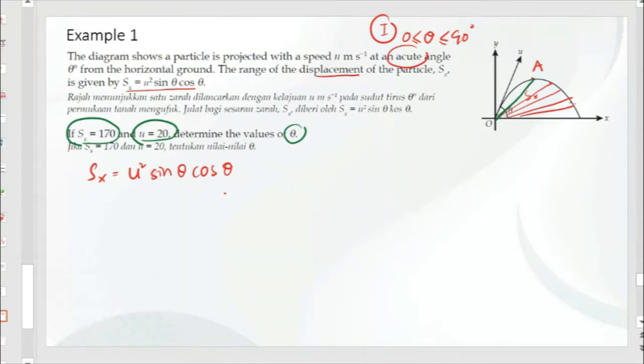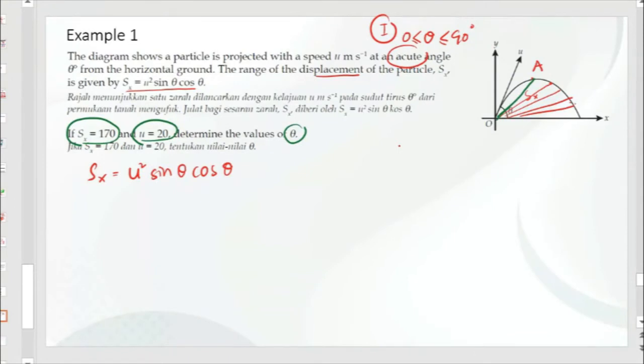What you need to do? We want the value for theta only, right? So still remember the last lesson for the applications to get the value for angle. If you see the value is in more than one trigonometry, for example, sine, it gives you another cos or another tangent.